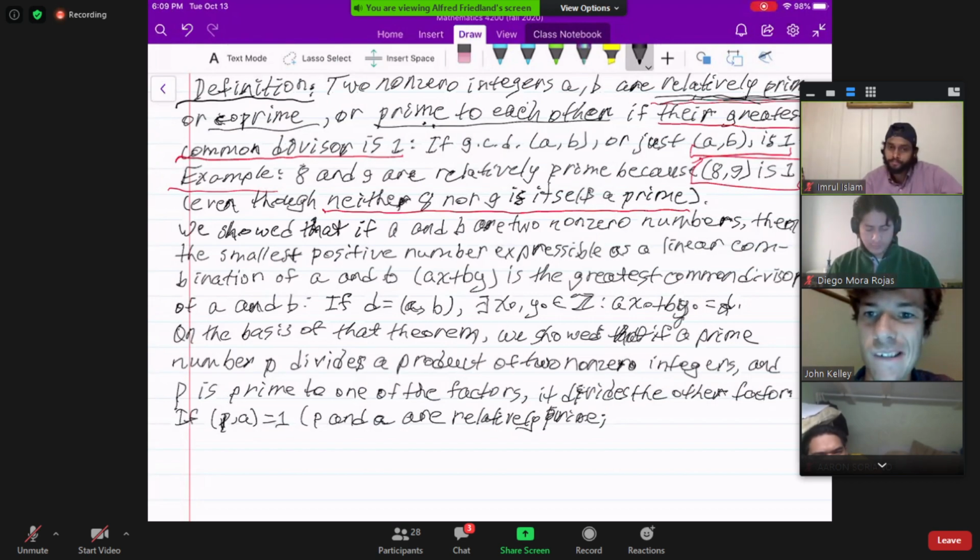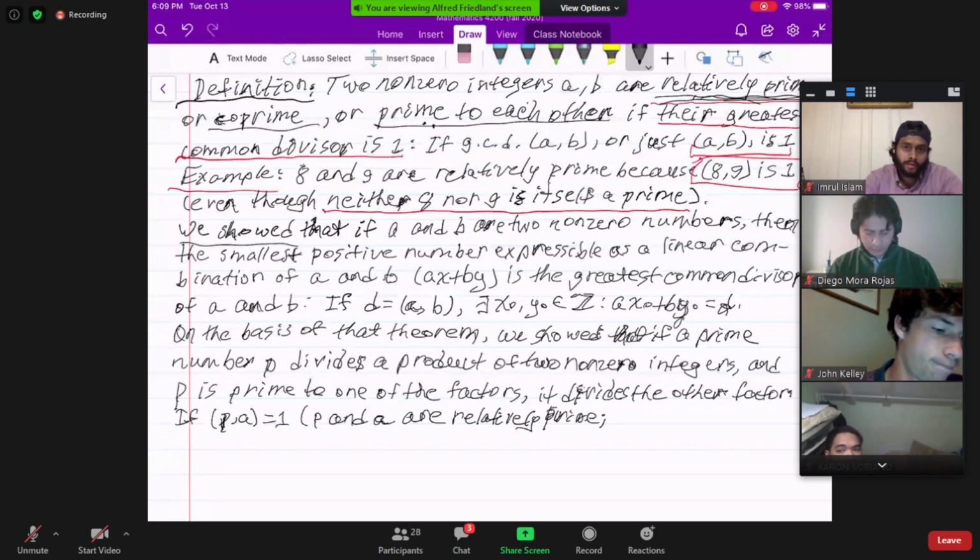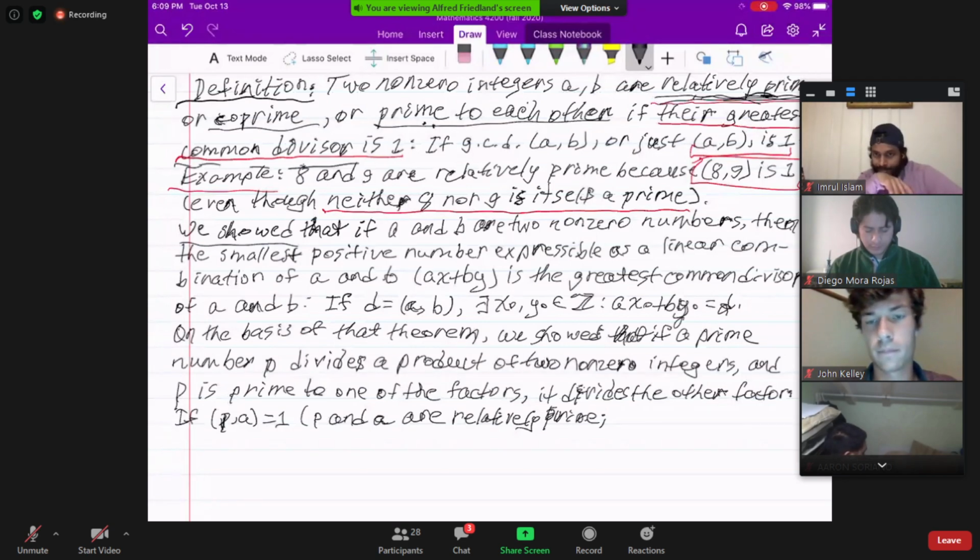And observe that in that case, from this theorem, we showed that if A and B are non-zero integers, then the smallest positive number expressible as a linear combination of A and B is the greatest common divisor of A and B. So if A and B are relatively prime, that means their greatest common divisor is 1.